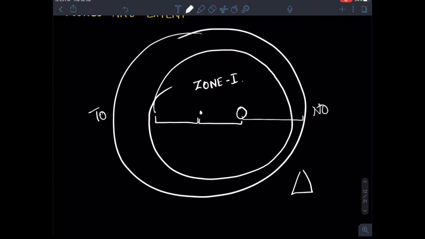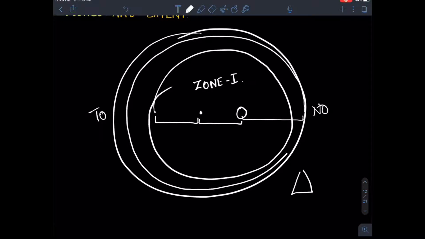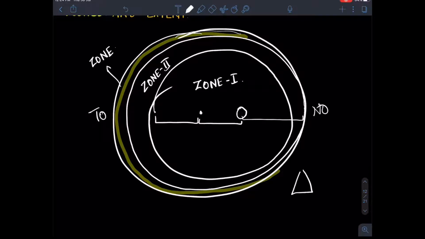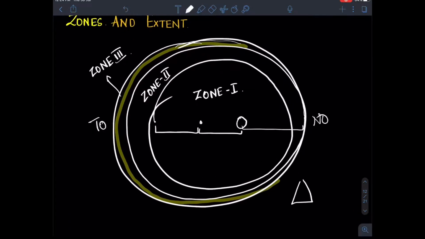The distance between the optic disc and the nasal ora is taken as the radius, and another circle is drawn. This is our zone 2. Now the left out temporal arc is zone 3. This is how we divide the zones.